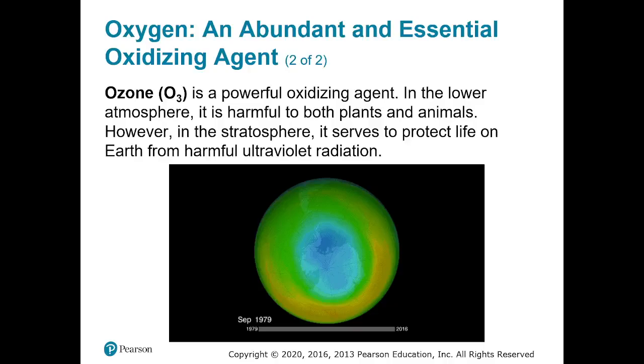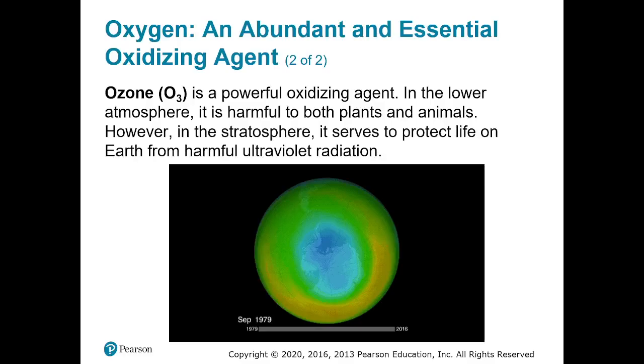However, in the stratosphere, it actually protects life on Earth from harmful ultraviolet radiation. There are three forms of UV radiation, i.e. UV light that normally gives you a tan or sunburn. We have the lowest energy UV radiation that actually hits the surface of the planet.